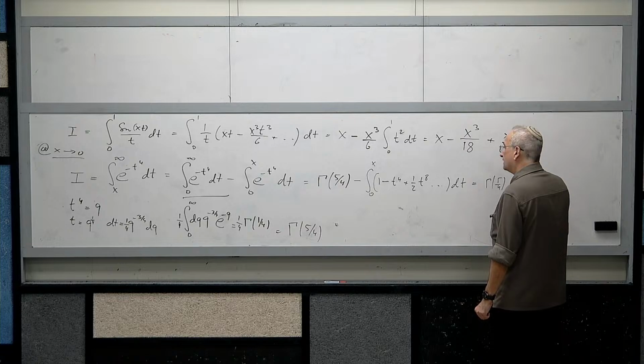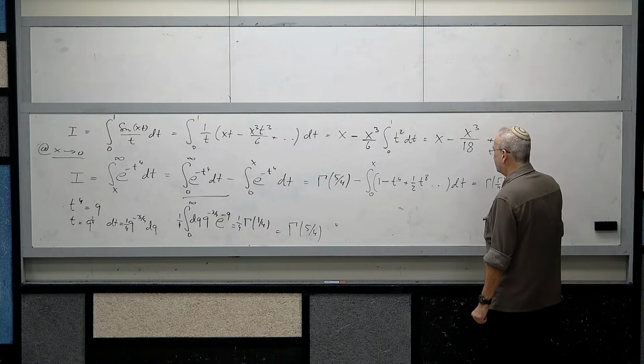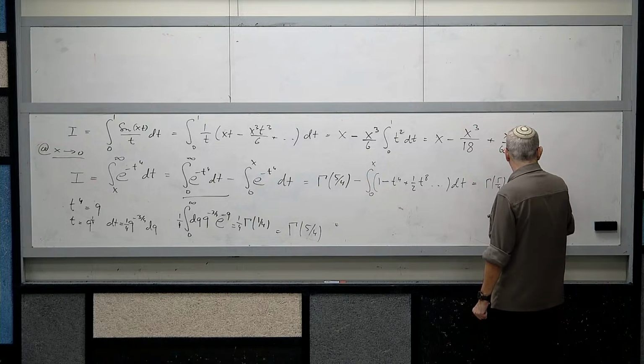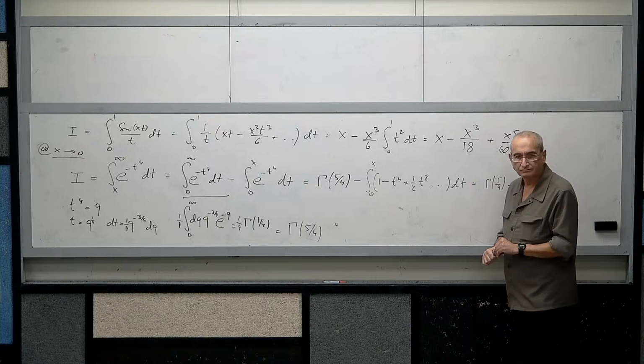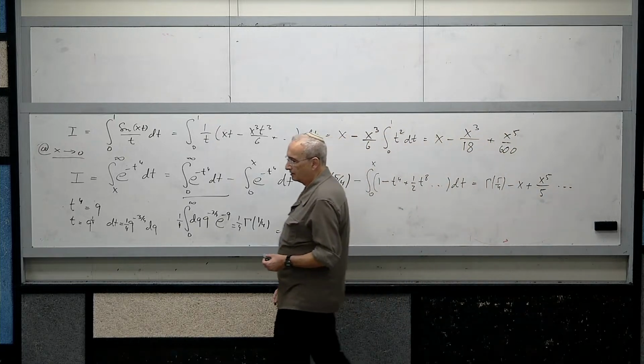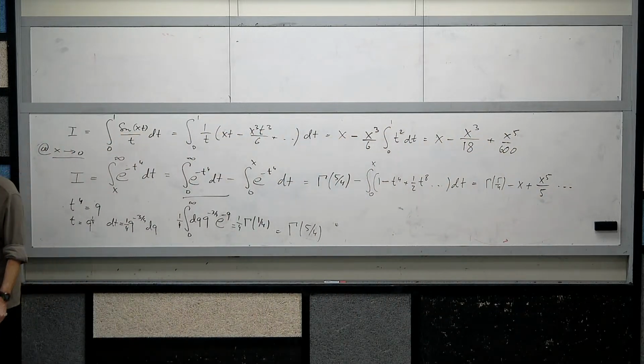Okay? And this will give me gamma of 5/4 minus x plus, now I have t to the 4, so it's t to the 5 over 5, so I will have x to the 5 over 5, and so on and so forth. Okay, this is the expansion as x goes to 0.